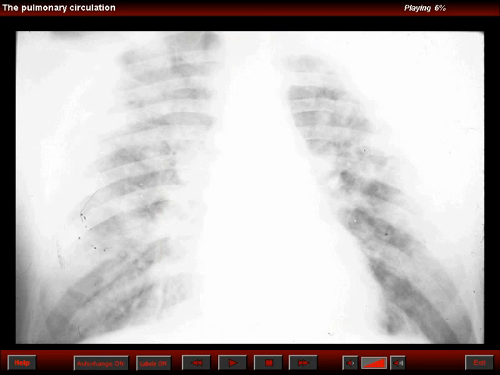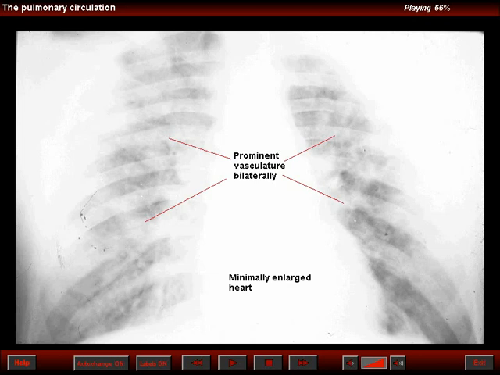This is another patient who had pulmonary veno-occlusive disease. The frontal chest roentgenogram shows a prominent vasculature bilaterally and a minimally enlarged heart. Curly lines were visible in the lower zones of the lung.